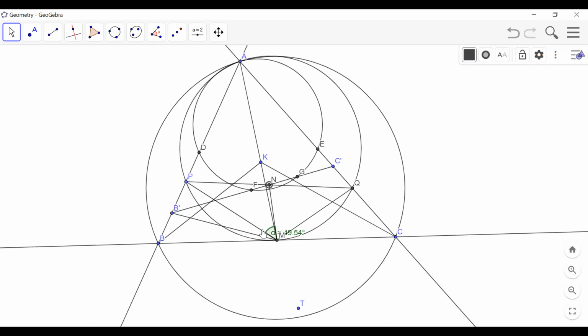And we know why B dash comes: because N and Q dash will be similar to AB dash M. Right. Because angle M and Q is angle AMB equals angle MB dash A.